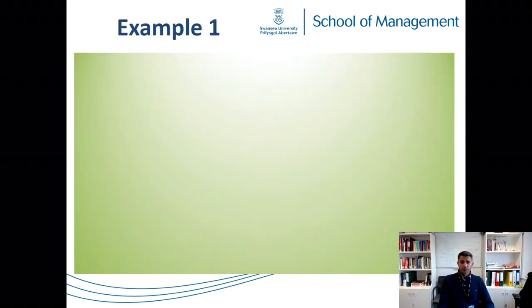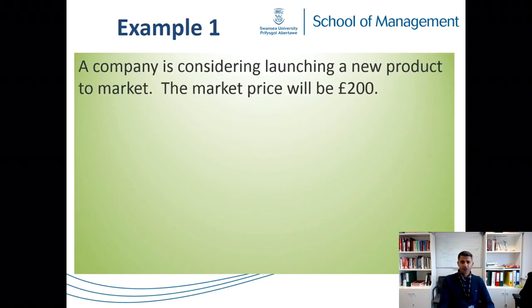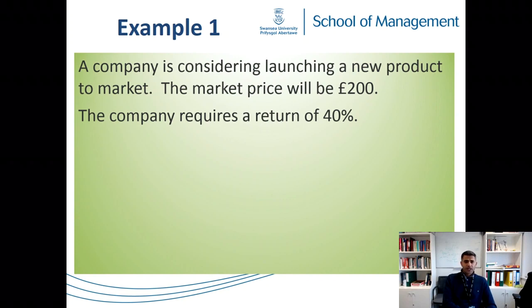Now the question, let's have a look. A company is considering launching a new product to the market. The market price will be 200, so the selling price would be £200. The company requires a return or profit of 40% of the selling price, which is 200.